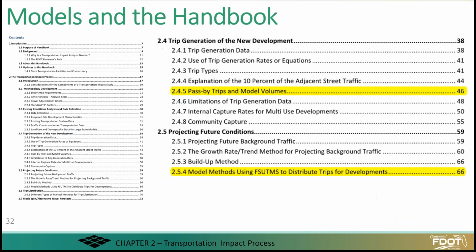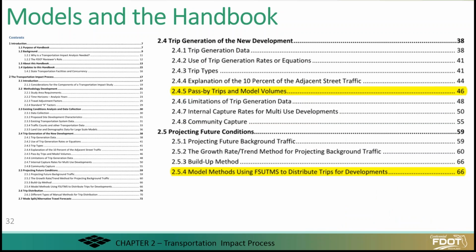The Transportation Site Impact Handbook makes references to the use of models throughout Chapter 2, in particular in Section 2.4 under Trip Generation, and under Section 2.5 discussing the projecting of future conditions.